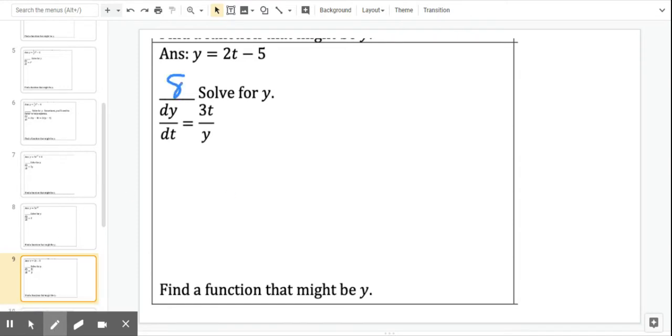For this one, you can think about this like cross multiplying. So I'm going to cross multiply here, and I'll have y dy equals 3t dt. And I can integrate both sides.